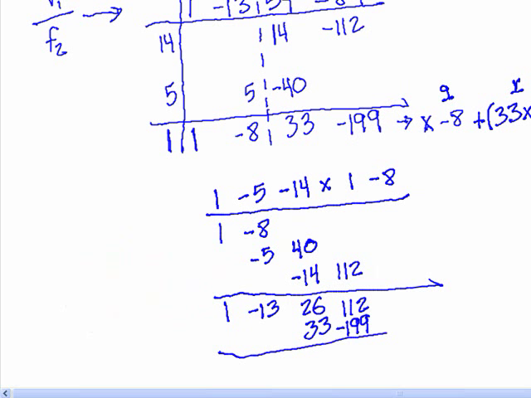This is not going to be a multiplication, just a simple addition. So we bring down the 1, the negative 13, and 26 plus 33 is 59. And then negative 199 and 112 will be negative 87. So as you can see, that is, of course, x cubed minus 13x squared plus 59x minus 87. So this, in fact, checks.